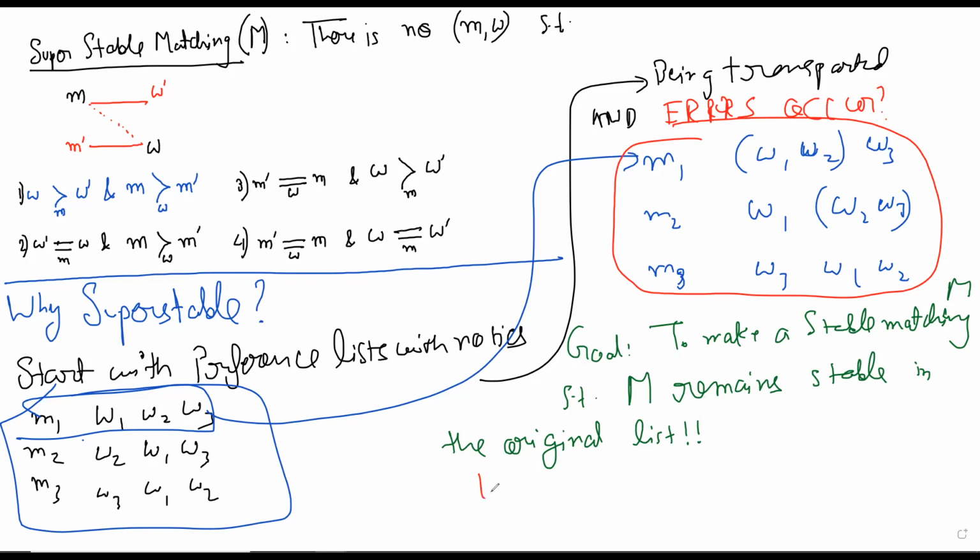So how to do this? This is where this notion of superstability comes in. Let's try to see that. Let me try to do it. So what is it that we can remove from here?